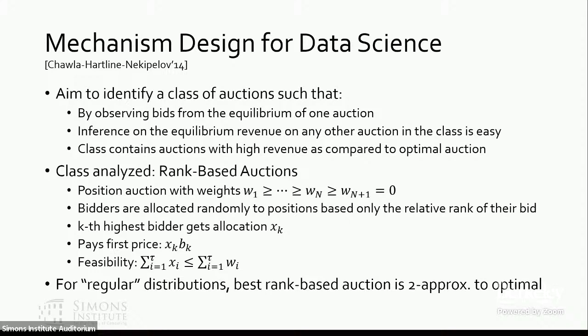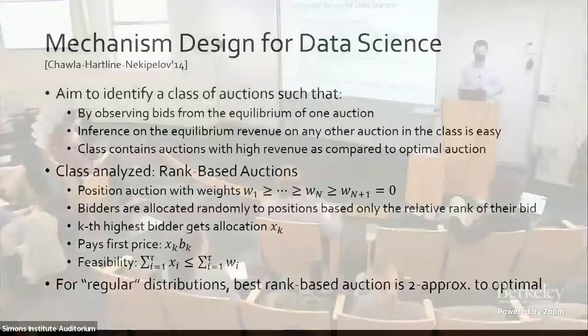Overall, they're going to get some allocation from these assignments, and that allocation is going to be xk, which is the total allocation that they get from each of those randomly assigned slots. So xk is the sum of those allocation probabilities.